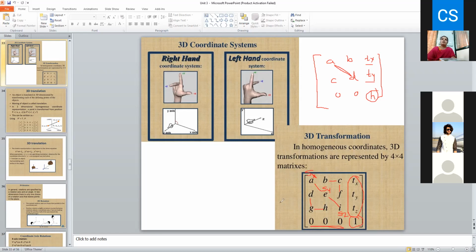That part has been removed from your syllabus. Earlier, 4 or 5 years ago, it was there, but now this portion is removed, and that's why these three elements are always 0. So that is the relation between 2D and 3D.